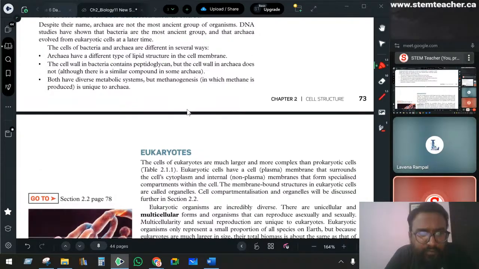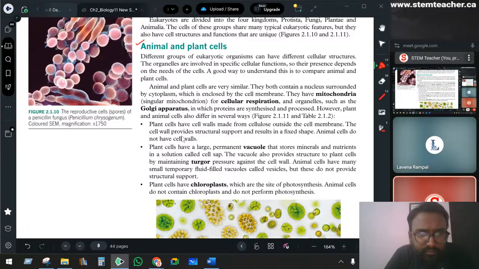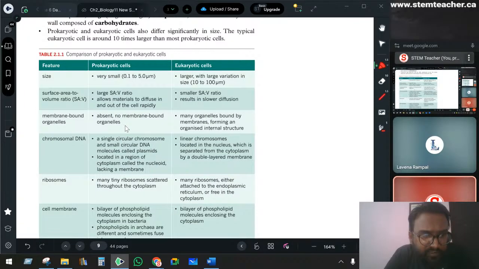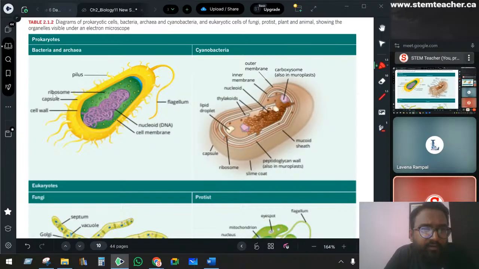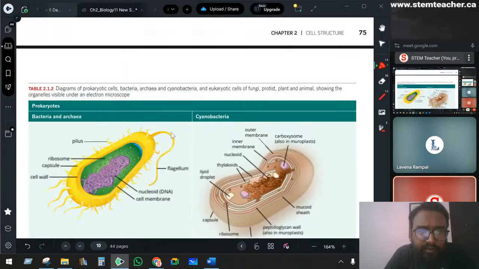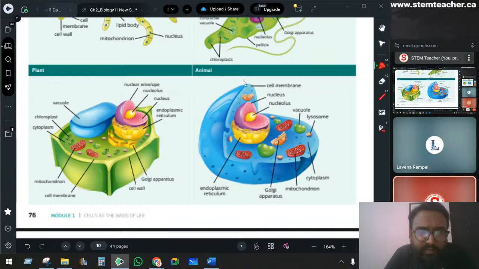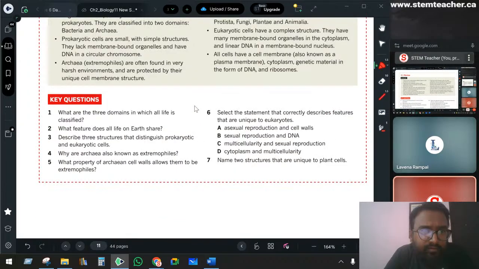If we go a little more advanced, eukaryotic is very clear: the cell parts, how the cell behaves, each and everything will come. This is the main structure of fungi, bacteria, plant cell and animal cell. So that's about 2.1.